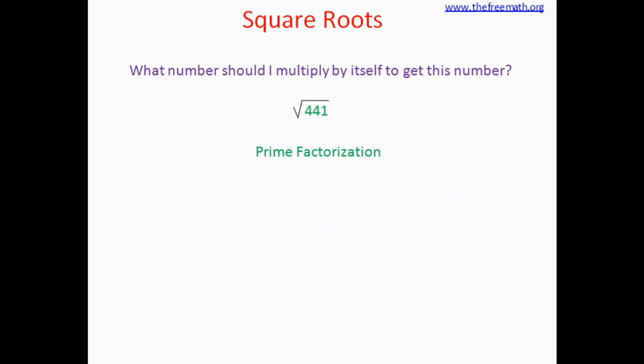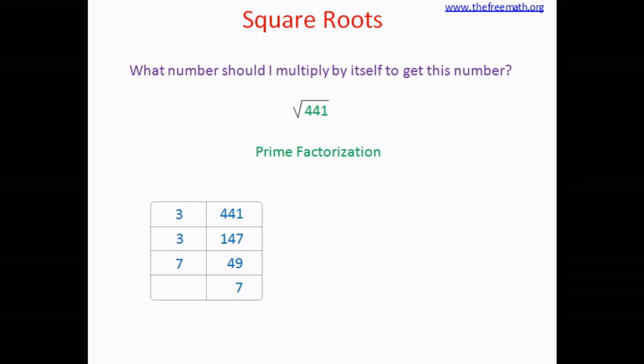Let's take another example, 441. Let's do the prime factorization of 441. 441 is not divisible by 2. Let's divide by 3. When you divide by 3, you get 147. 147 is again divisible by 3. Divide by 3, get 49. 49 is not divisible by 2, 3 and 5.